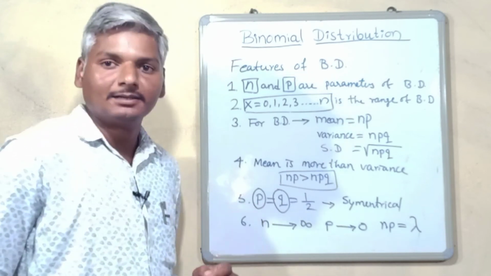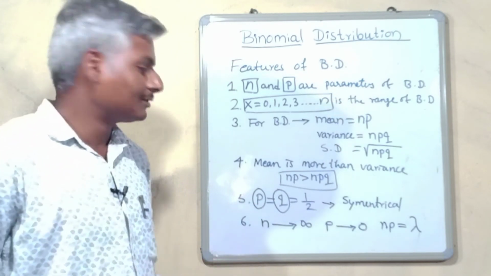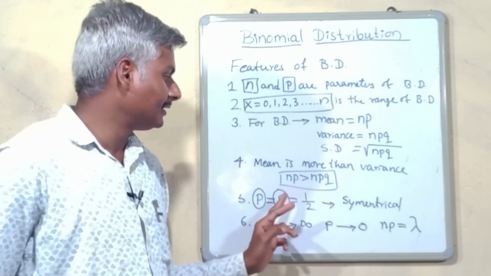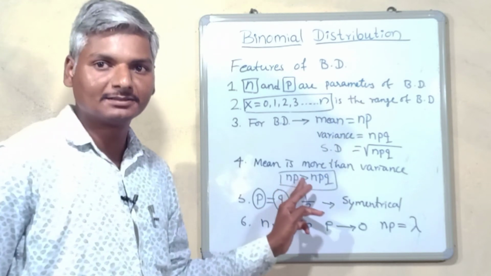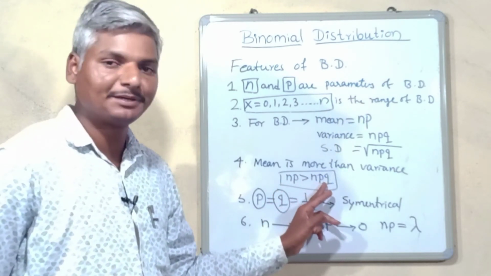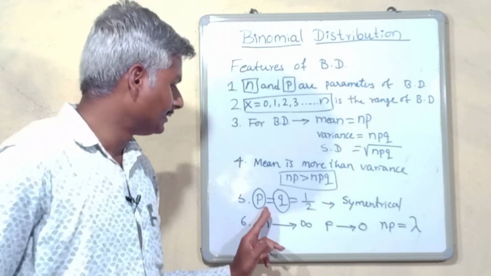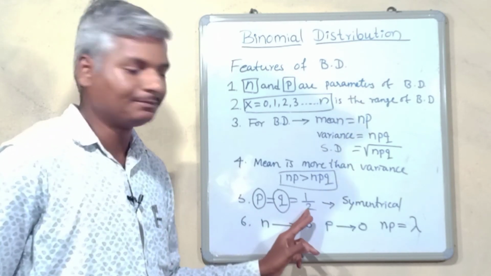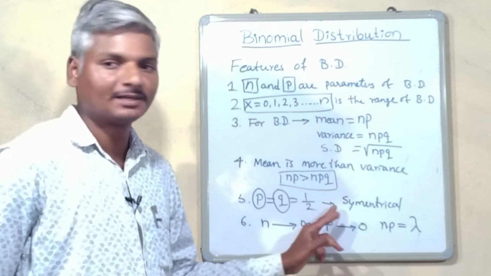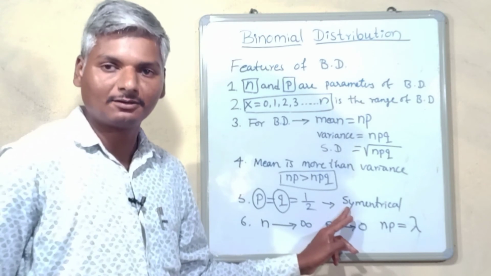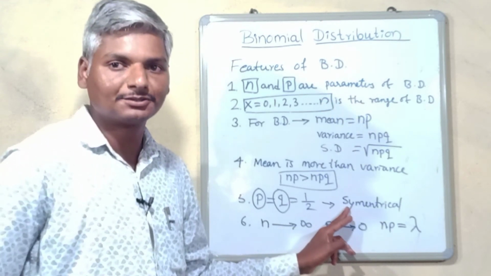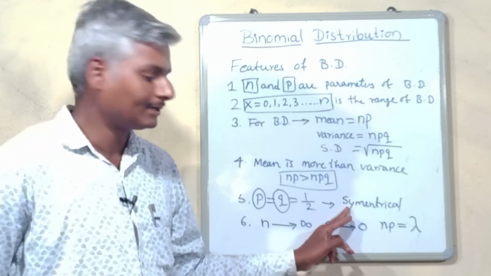Then in binomial distribution, mean is more than variance, that is np is greater than npq. Then when p equals q equals 1 by 2, we call the binomial distribution symmetrical.